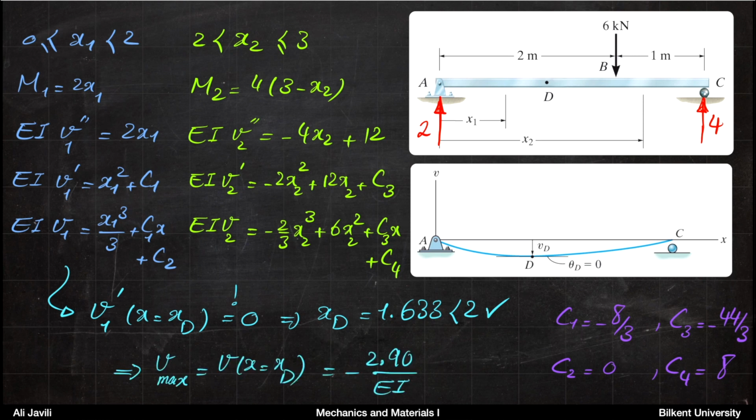And once you have that coordinate, you can insert it again into your deflection function, and you can get the maximum deflection itself, which in this case is minus 2.90 divided by EI. Pay attention that it comes again with a minus sign, indicating that it's a downward deflection.